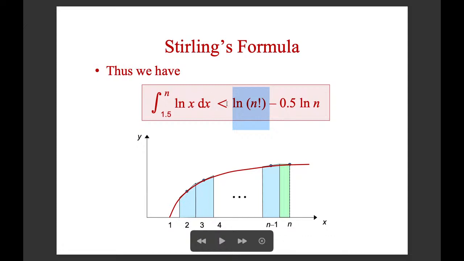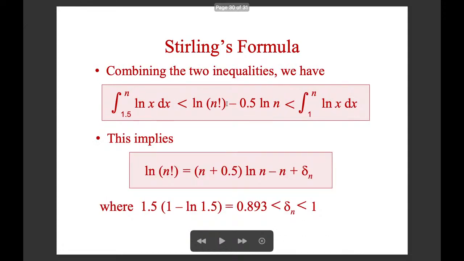This time, we have a lower bound. So the combination of them is that log n factorial can be bounded above by a term, some area under the curve, and also bounded below by another term, which is also some area under the curve.